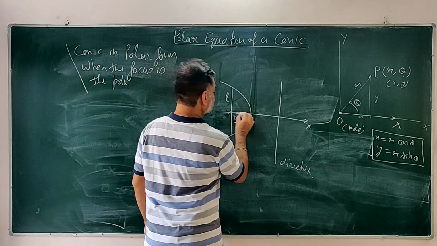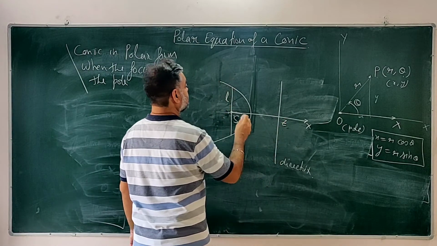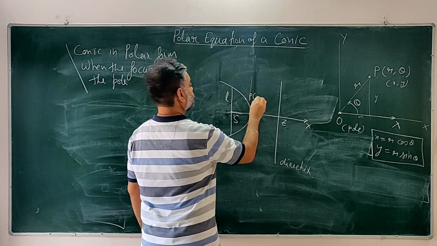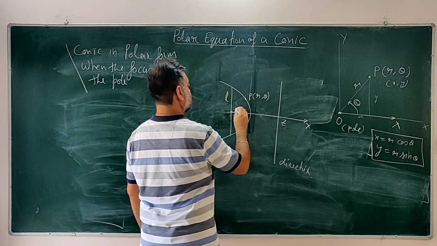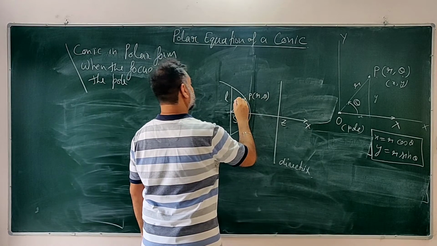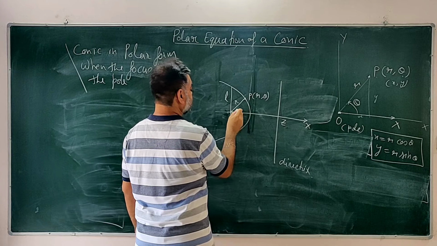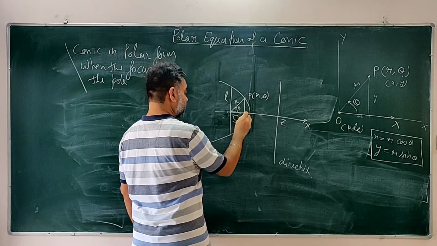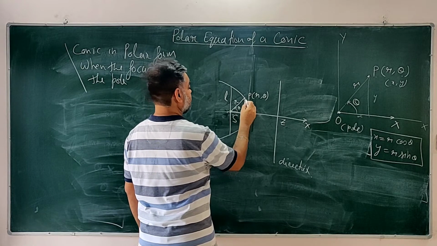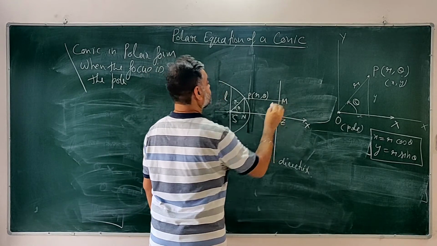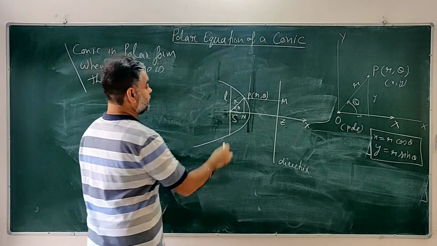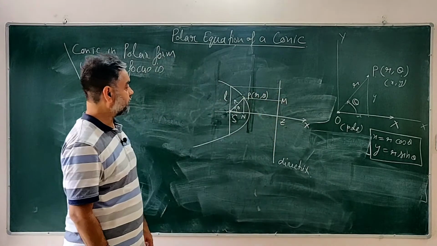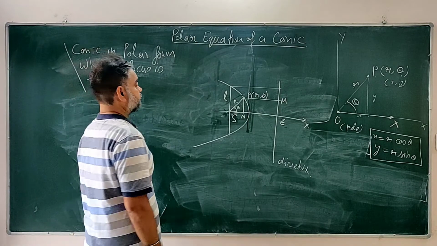And suppose this is SZ, and suppose you have any point P here, whose coordinates are r and theta. Then SP would be equal to r, and this angle would be theta. Suppose you draw perpendiculars here: this is SN, and this is PM.